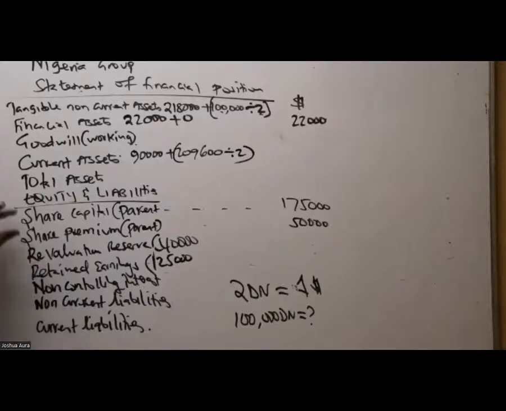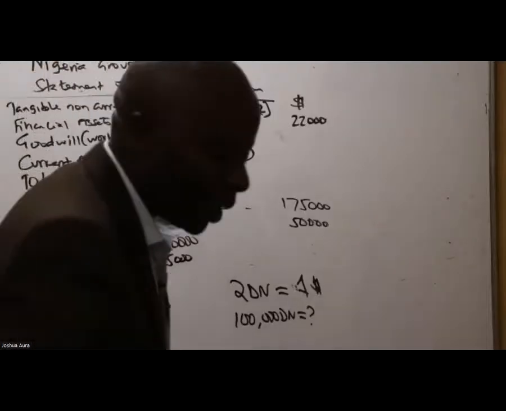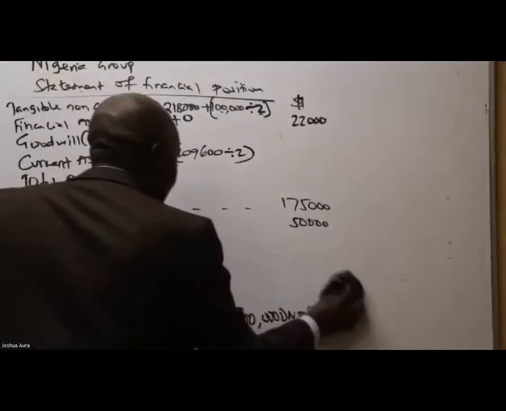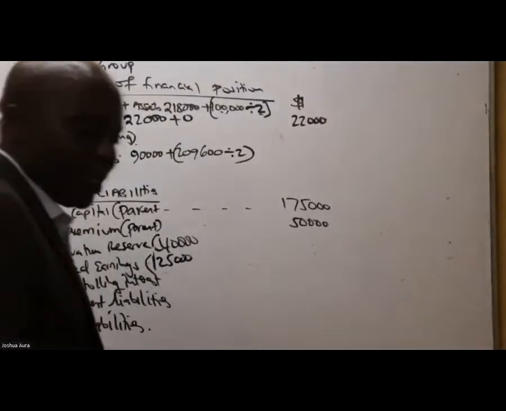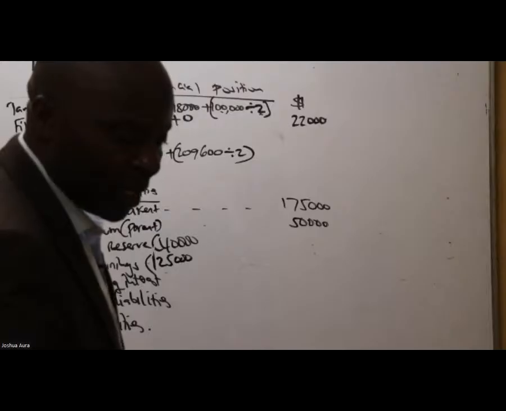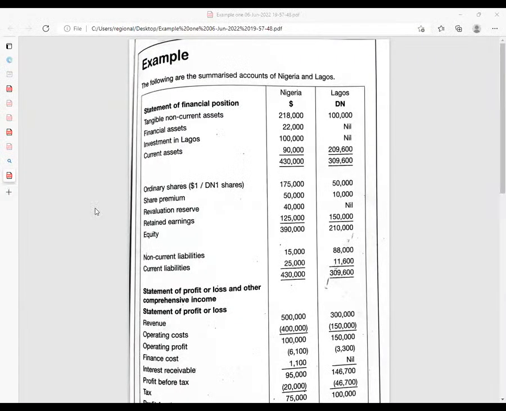I like this section of the equities and liabilities, especially the equity, because there is nothing like doing a lot of working. So I'll skip all these up to the non-current liabilities. On non-current liabilities, I'm combining.